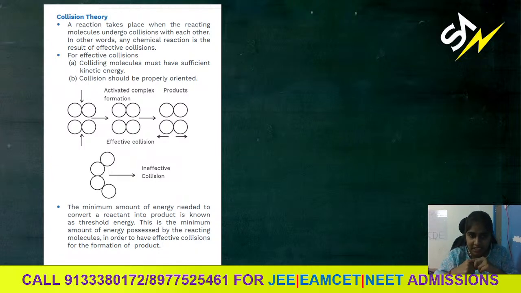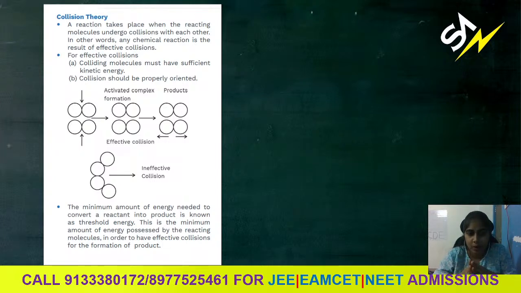This activated complex will result in the formation of products. Because of effective collisions, there will be formation of products. If the collisions take place in this way, improper collisions, there will be no formation of products. These are ineffective collisions as shown in the figure. So the collisions must be in a proper way.